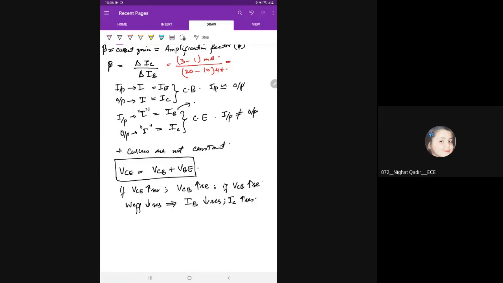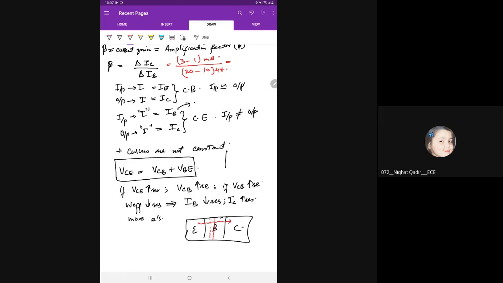IC increases because more electrons will be collected by collector. More electrons, because you do not have now base width. बेस में कोई width है ही नहीं जहां recombination होगी, तो जितने भी electrons emitter से emit होंगे, so this is your, for example, this is your emitter, this is your base, and this is your collector. Now you are saying that effective width of the base is very small, so all the electrons will be collected by the collector.